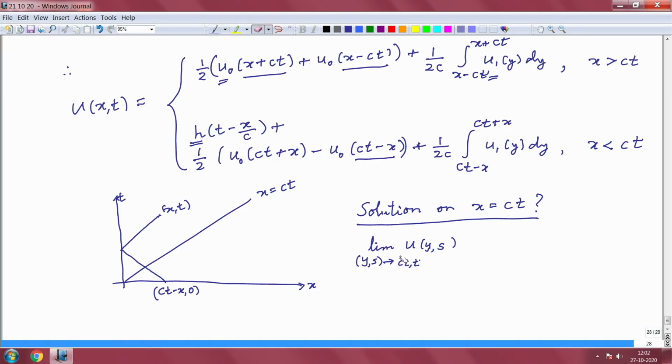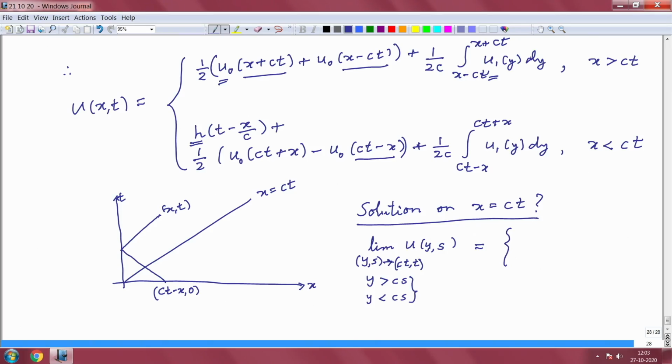The only condition is that you are taking the limit when y is bigger than cs and y less than cs. So, you have to take two limits now. Okay. So, you get when y is bigger than cs, we are in this region.